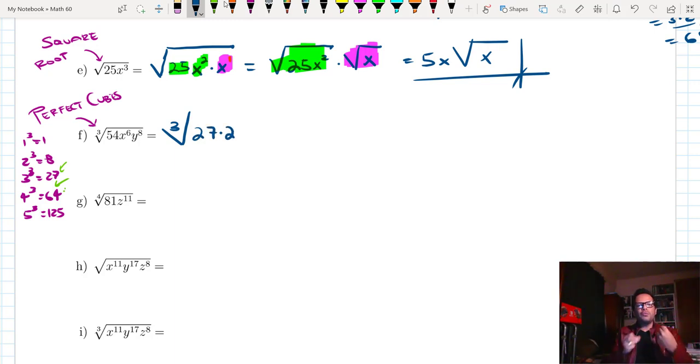For the numbers, we need to break it up into factors in a way that at least one of the factors is a perfect nth power, or in this case, a perfect cube. Now, what about the variable factors? x to the 6.